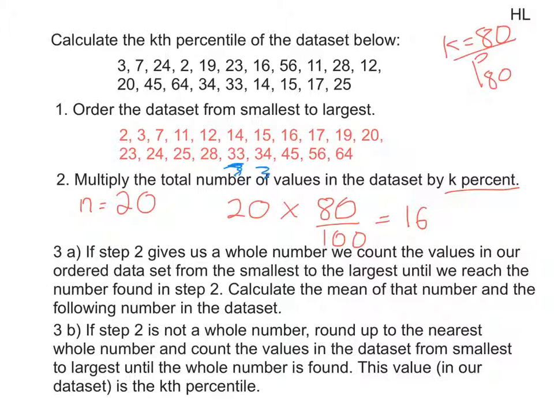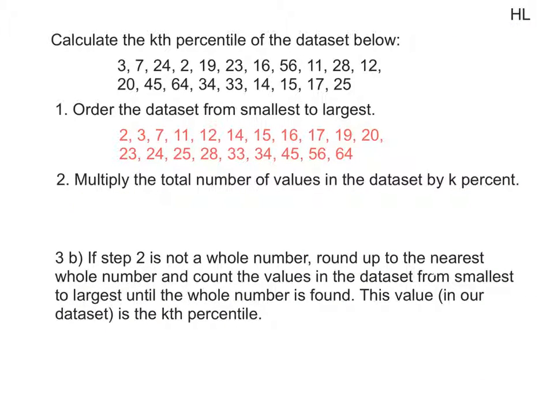Let's try redoing this question for a different value of k so that we use step 3b. We'll start by choosing a new k. Let's choose k equal to 21. So we're looking for the 21st percentile. Starting from step 1, we already have our set ordered from smallest to largest.